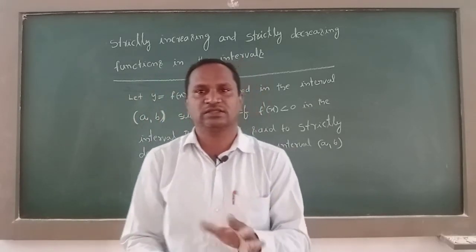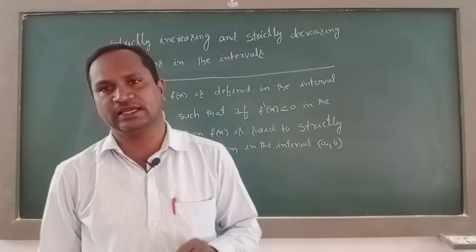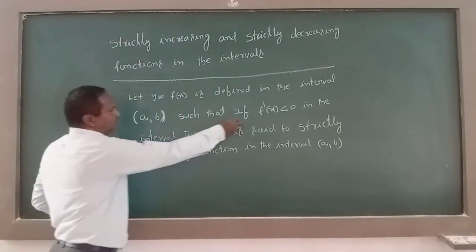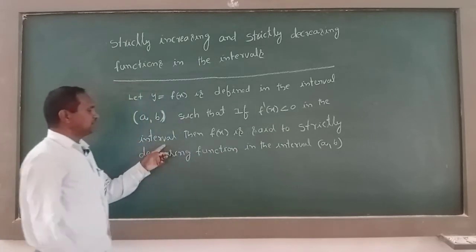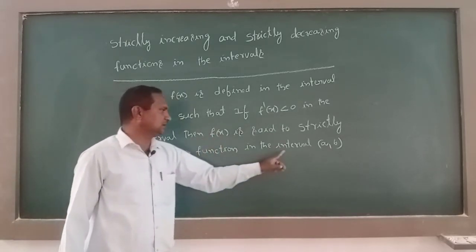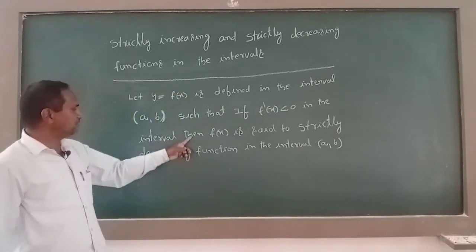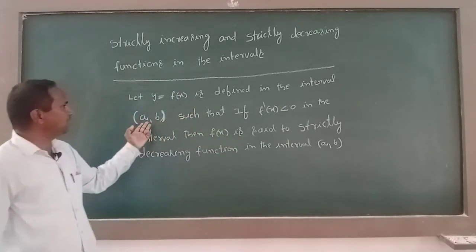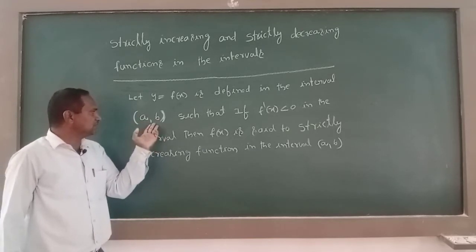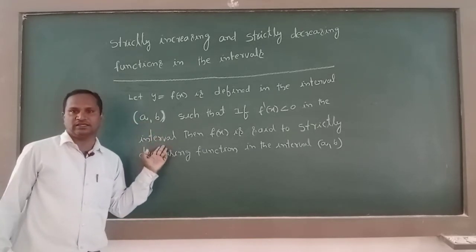So if f dash of x is less than 0 in the interval, then f of x is said to be a decreasing function in the interval a comma b. We must consider only this interval here.